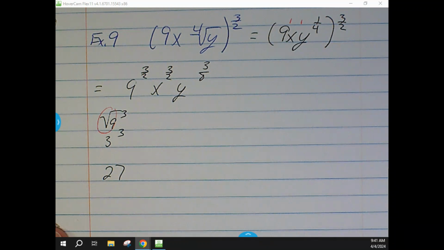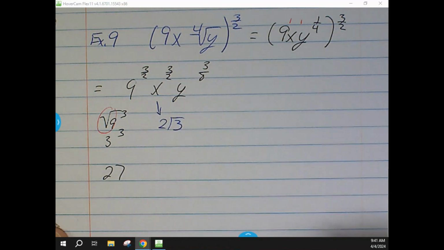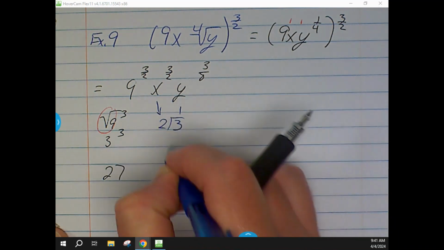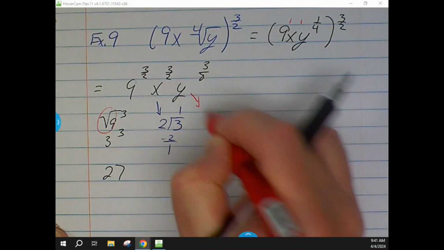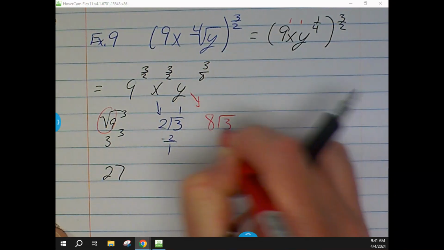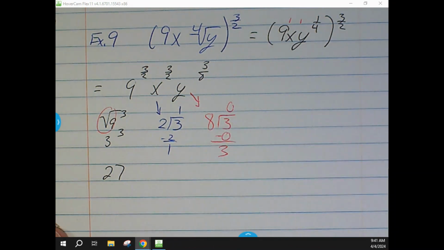So with x to the 3 over 2 power, if we simplify that one, we're going to take 2 and divide it into 3. So I go 1 time with 1 left over. For the y power, we take 8 and divide it into 3. 8 will not go, which means we just have the 3 leftovers on the inside.